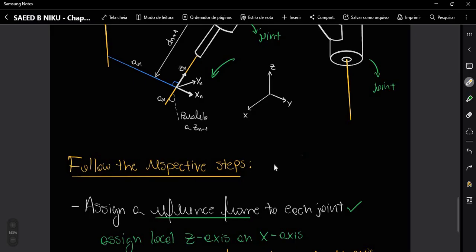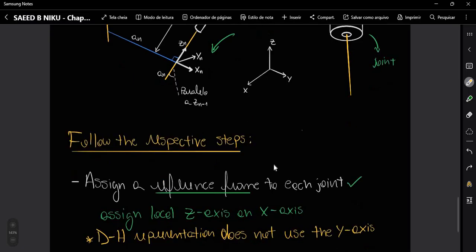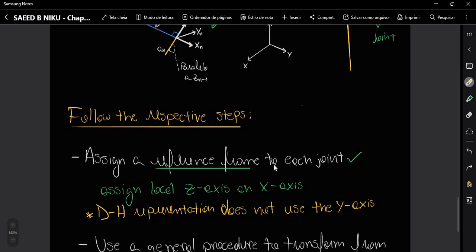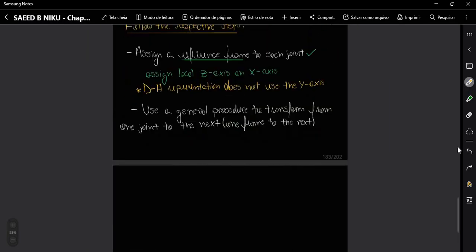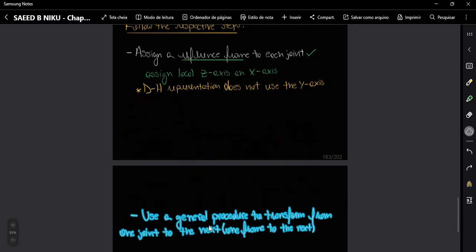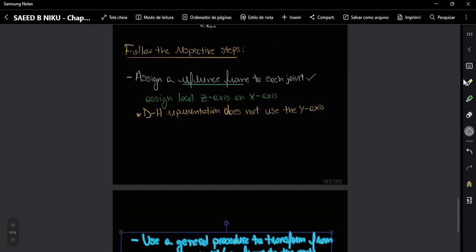Further on, I can tell you why we do not use the y-axis, but from now, it's enough only to know that the DH representation doesn't use this axis. And we get even more within these requirements.